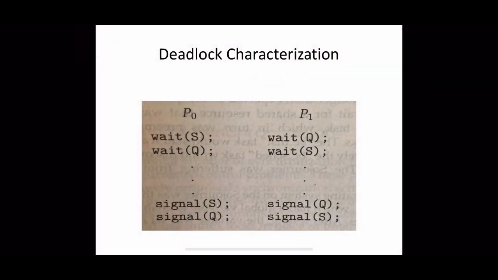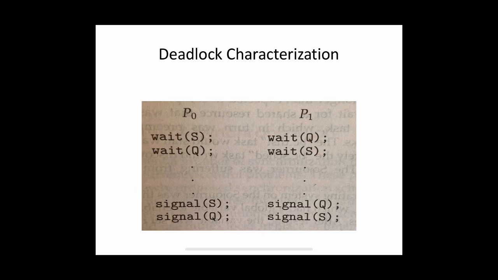Now coming to deadlock characterization. Hope you remember the deadlock situation we had in process synchronization. We had 2 different processes, P0 and P1. Initially P0 acquired the semaphore S and P1 acquired the semaphore Q. So we can say that S and Q are the 2 resources here, and the events for which they are waiting are signals.